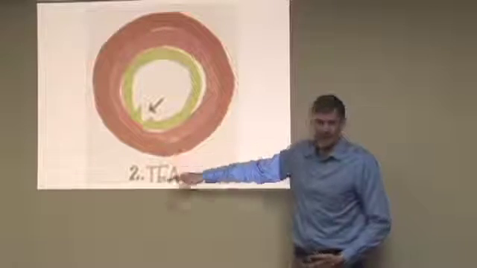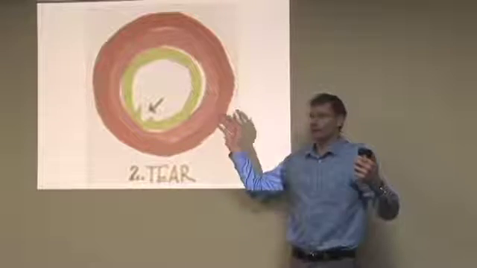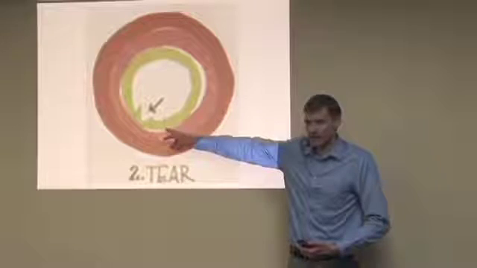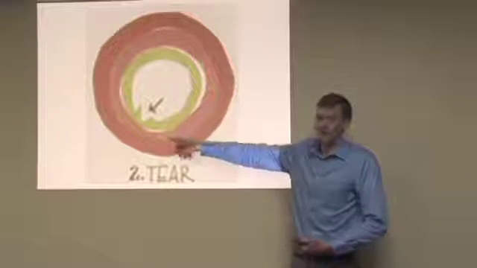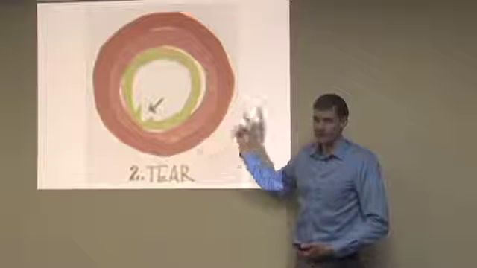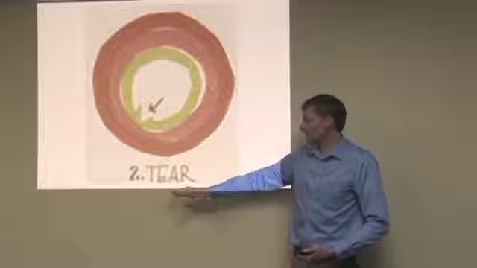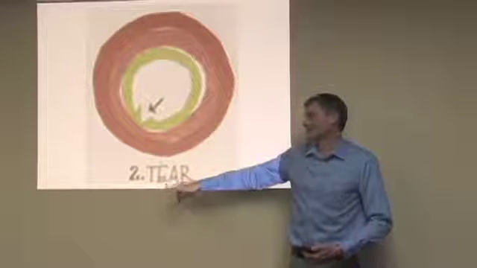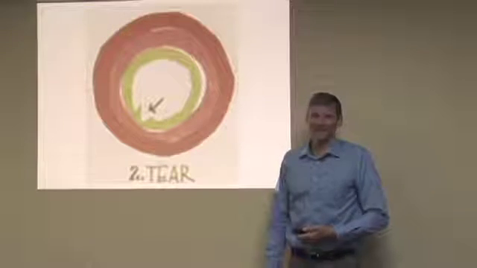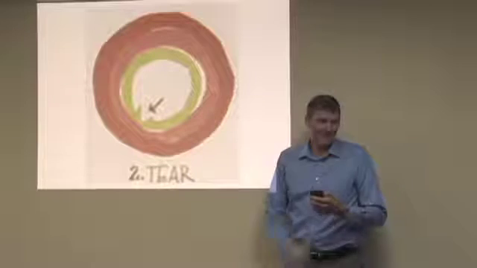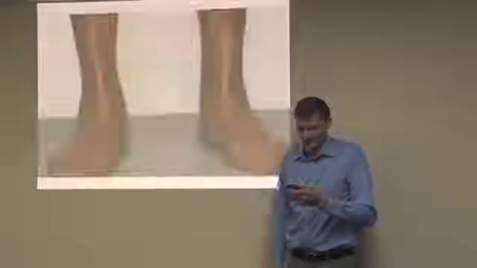Medical doctors don't talk about this. When you watch 20/20 or 60 Minutes, they don't talk about this tear in the arteries. This is the start of heart disease. Don't forget the tear. Okay, now you got it.